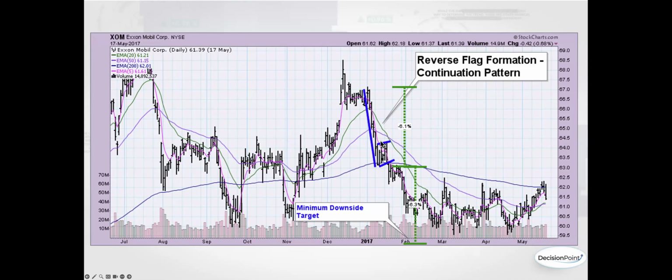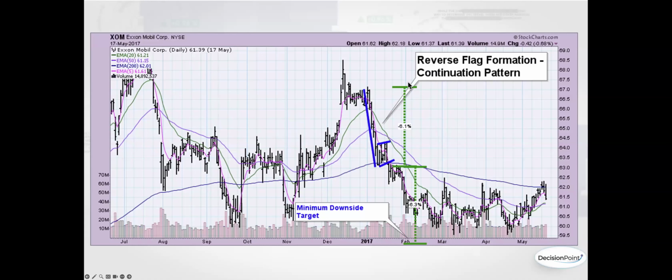That symmetrical triangle could also be on the end of the flagpole, and that's perfectly normal, perfectly okay. Because remember, symmetrical triangles are continuation patterns. So price continues through the pennant or the symmetrical triangle on the flag.